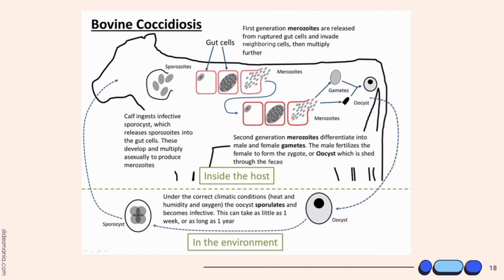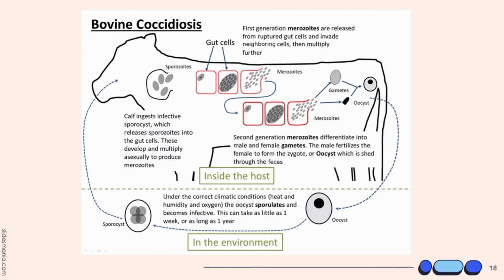Developmental stages reside in either cells lining the intestinal villus, or the enterocytes, or cells within the lamina propria of the villus. Maturation and emergence of asexual and sexual stages from infected cells causes cell lysis.